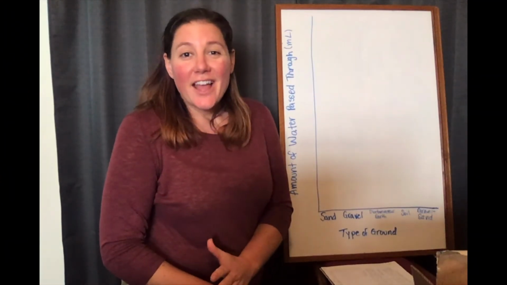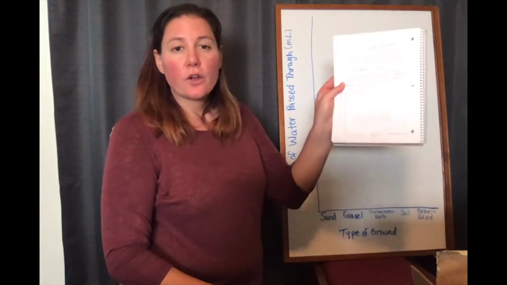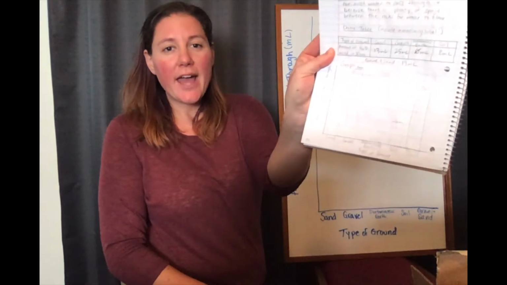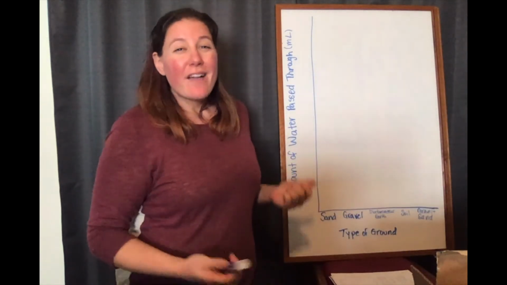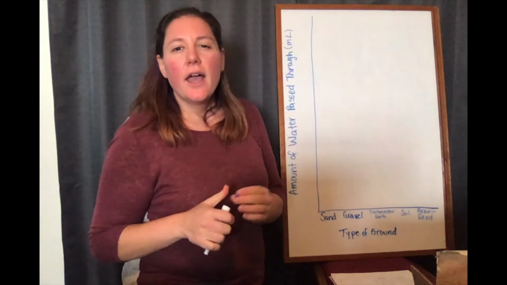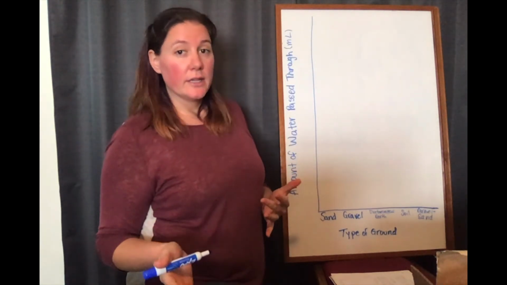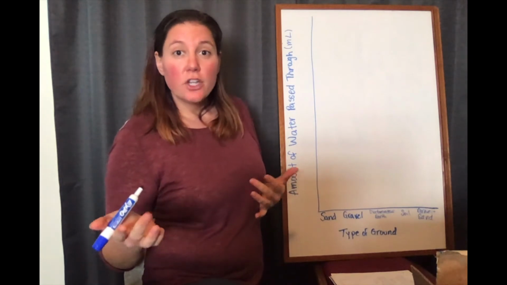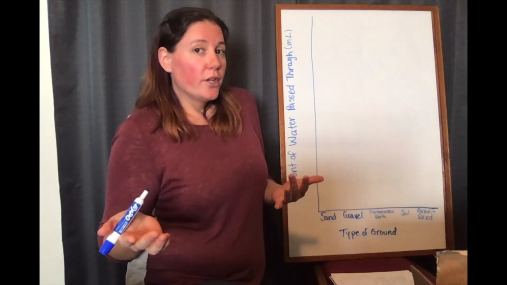All right, so the last step is to create our bar graph. Now, I went ahead and kind of filled out a quick one in my science notebook just so I had it, but I've also got my data right here. Now on my big graph, I haven't filled in the measurements for my y-axis yet. I'm thinking, based on the most being 25, I'm gonna go about every 2 milliliters. If your results were a little different, you might wanna go by less amount or a longer amount. It just kind of depends on what your results were.